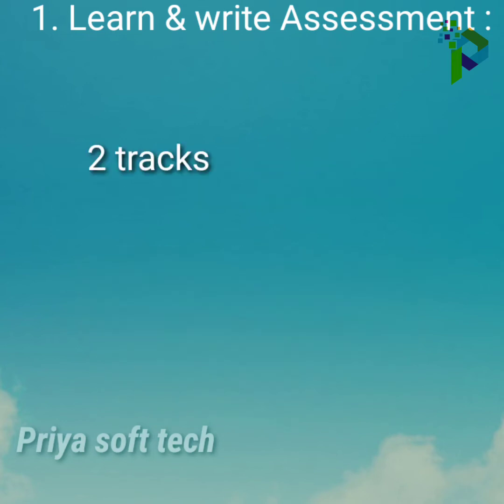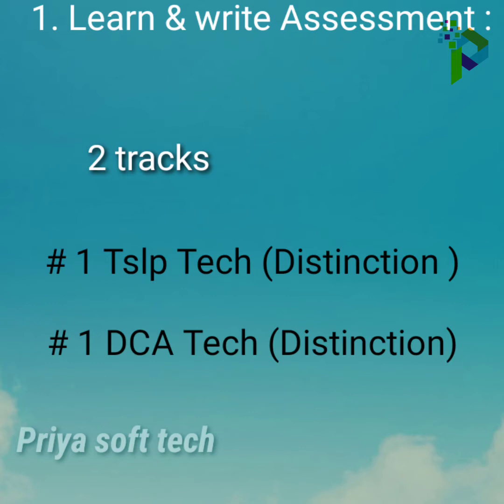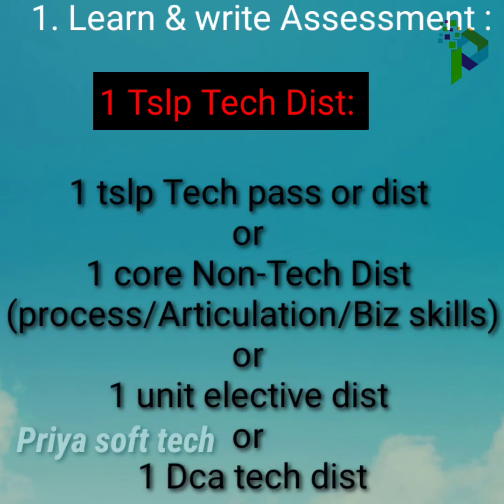There are 2 tracks to get eligibility to write the final assessment for the digital profile. First one is one TSLP Tech distinction you have to get. Other one is one DCA Tech Track distinction. What is one TSLP Tech distinction? It means you have to complete one TSLP Tech pass or distinction, or one core non-tech track distinction.